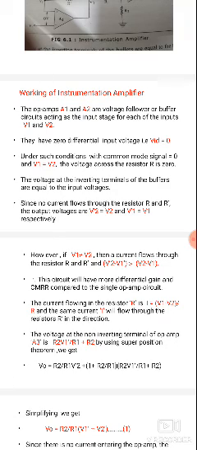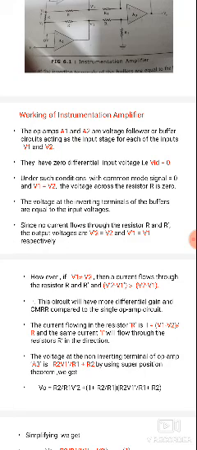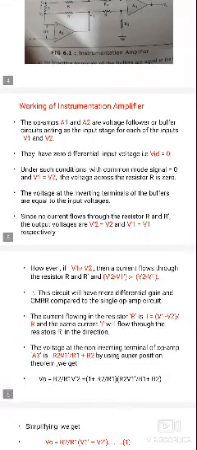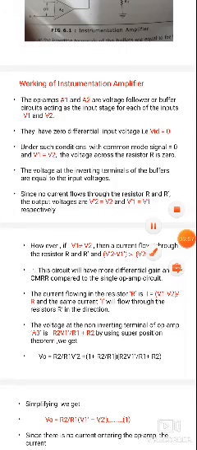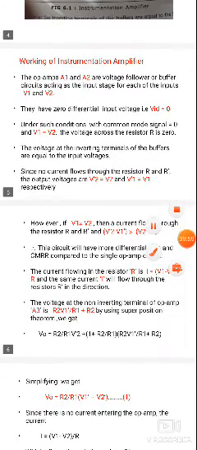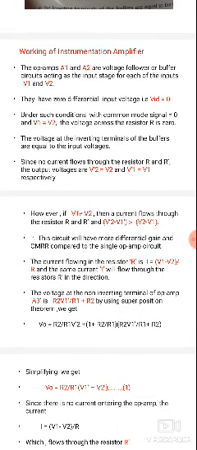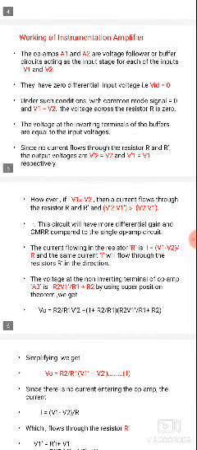Next, if V1 equals V2, the common mode signal is 0 and the differential gain signal is 0. For example, if the input voltage is 5 volts, V1 equals 5 and V2 equals 5, the differential output V0 equals V1 minus V2, which is 5 minus 5, that is 0.